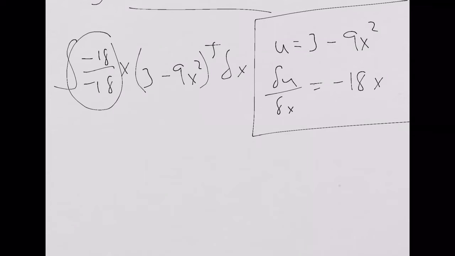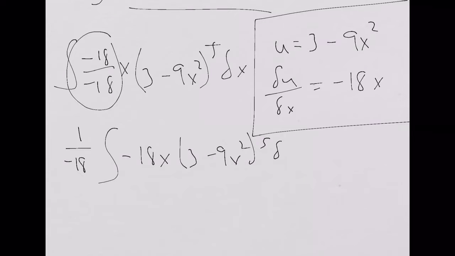So what I'm going to do now, using that constant rule that we have, I'm going to pull out that bottom negative 18. So I have 1 over negative 18 on the outside. I have a negative 18x, 3 minus 9x squared raised to the 5th dx. Now I can do my substitution step. Negative 1/18.